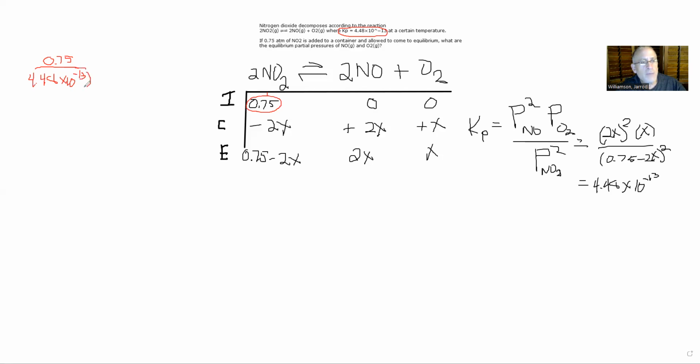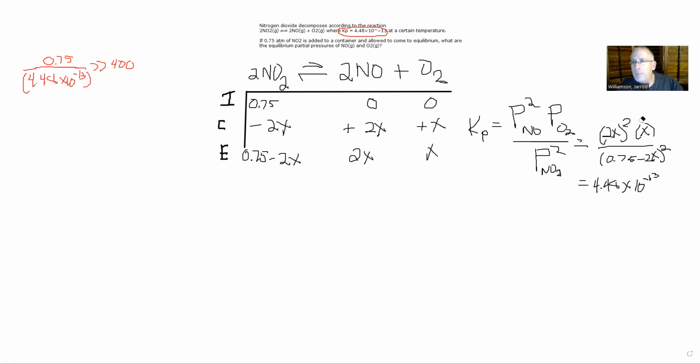I'm not even going to calculate that on my calculator because this is really, really small. This ratio will be much larger than 400. I don't even have to do it on my calculator to know that. So the x is small approximation is going to be valid.